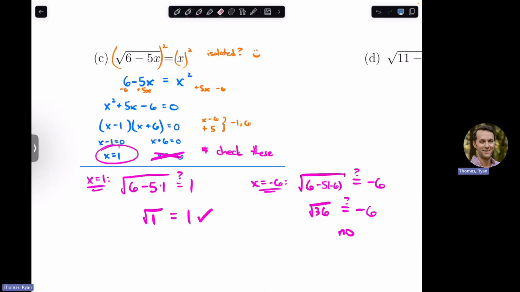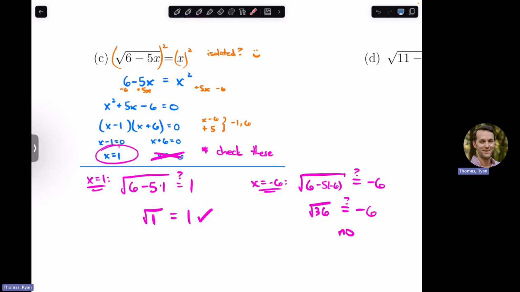But here, because I'm dealing with squares and squares have this domain and range stuff about them that we talked about yesterday, once I get to solutions here, I have to make sure that those still make sense in the original context, right? And the way you do that is just to plug them in and see if they work or not.